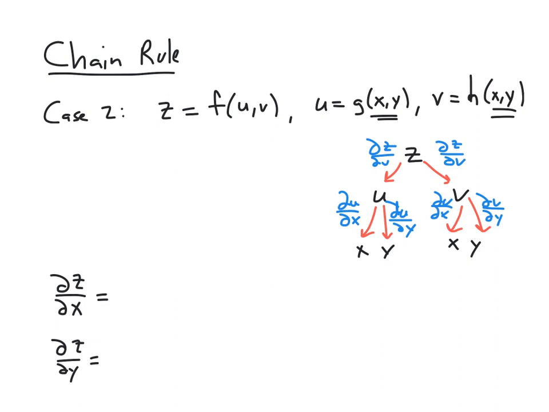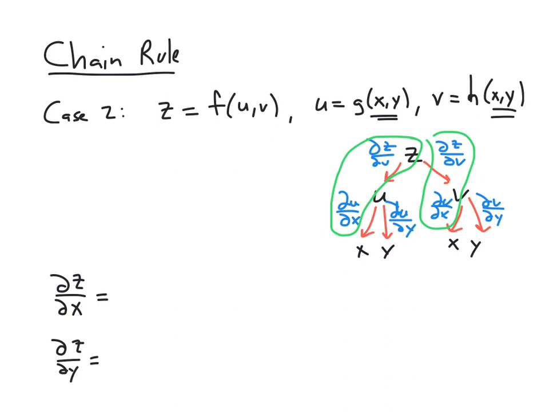And so for del z, del x, what we want to do is look at every possible path from z down to x. So here's one, and here's another. Those are the only two ways we can go from z on the top of the diagram down to x. Along each path, we're going to multiply the derivatives that appear and then add them together.